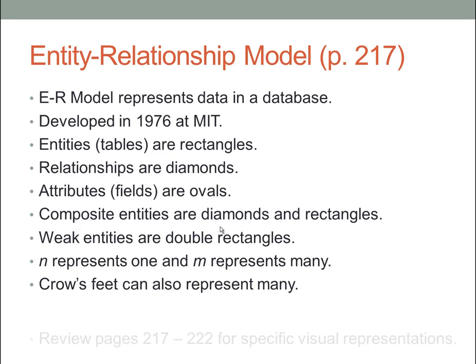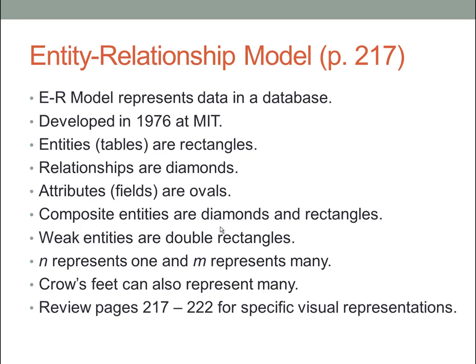So I highly recommend that you review pages 217 through 222 for your specific visual representations. You will be doing some visual diagramming for the homework examples in this chapter.